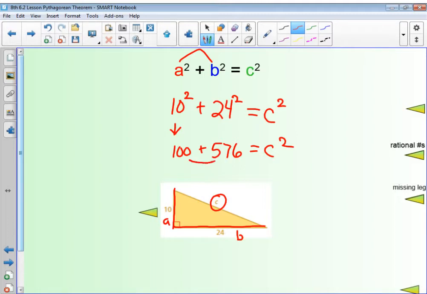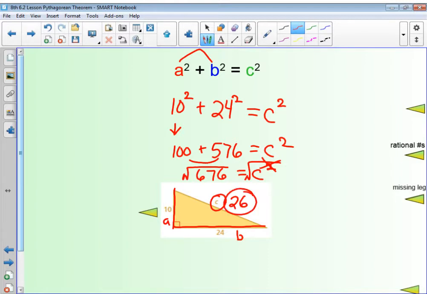So 100 plus 576 gives me 676 equals C squared. Now to get that squared out of there, remember I'm going to do the square root. Okay, that canceled that out. So the square root of 676 is 26. So I just found out that C equals 26.